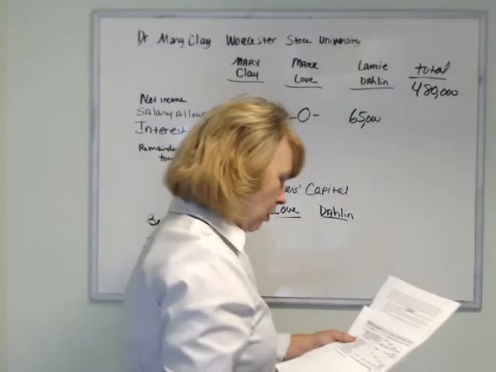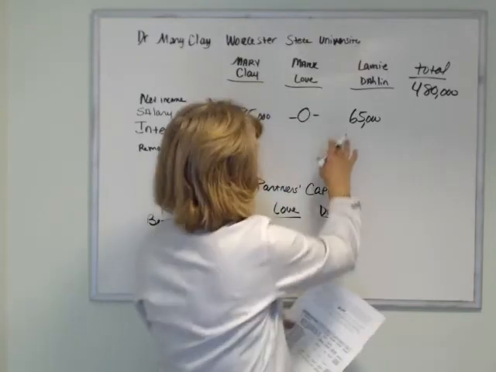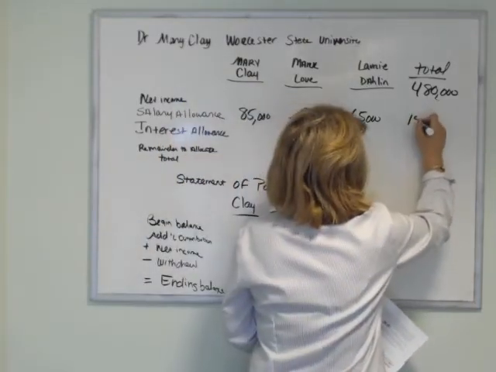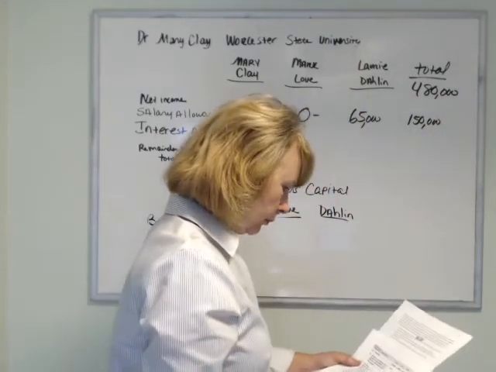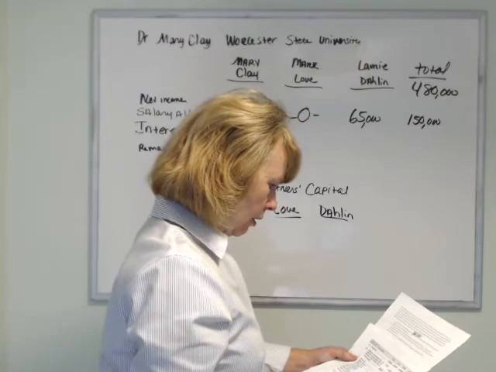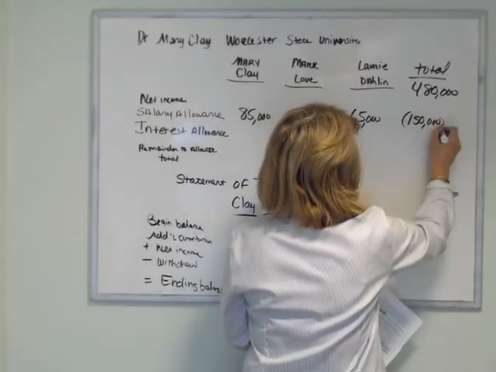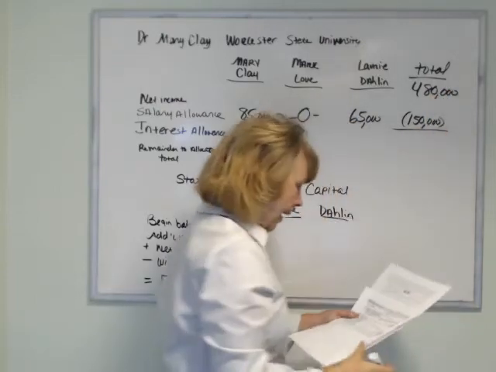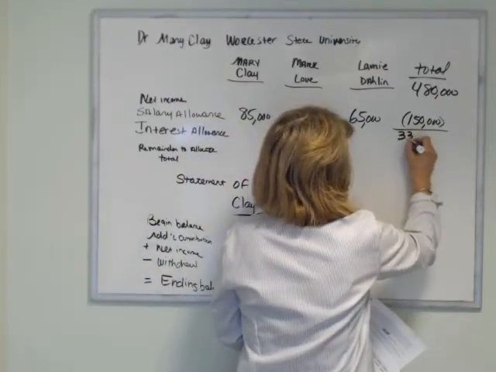Okay, total it across. 85 plus 65 gives you 150. All right. So now I'm just going to do a running total. 480 minus 150 gives me 330,000.